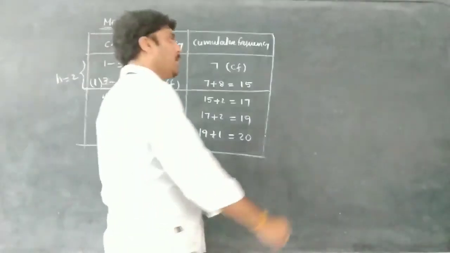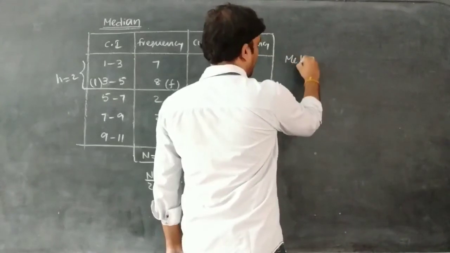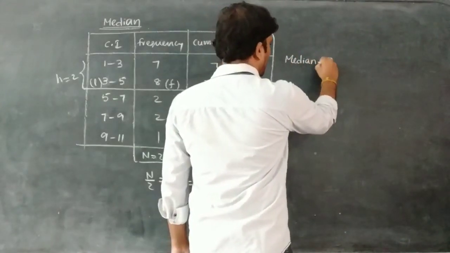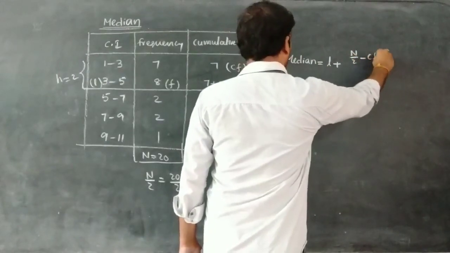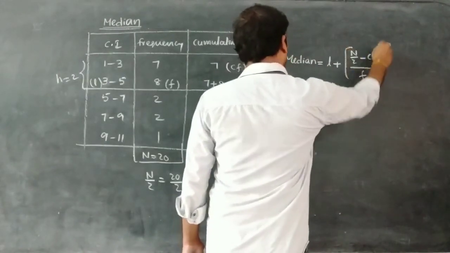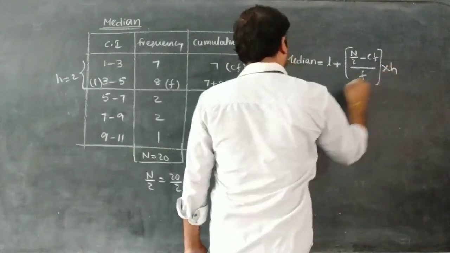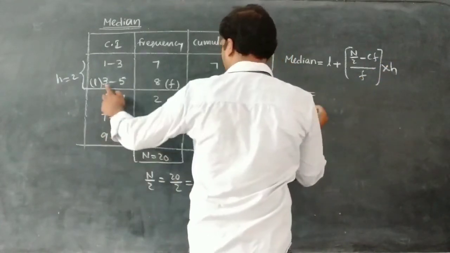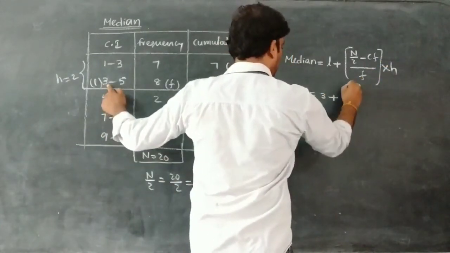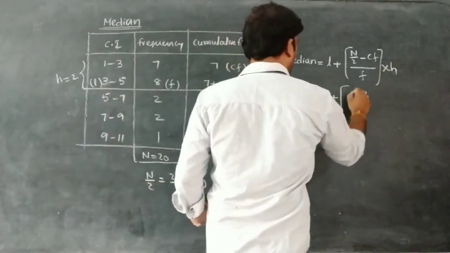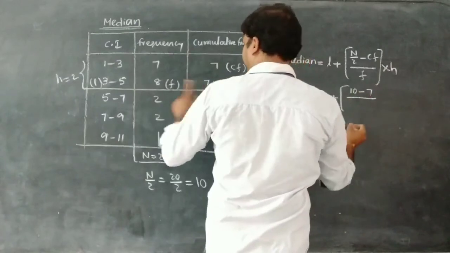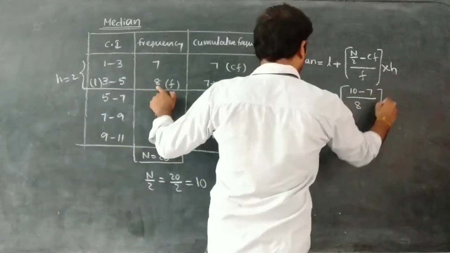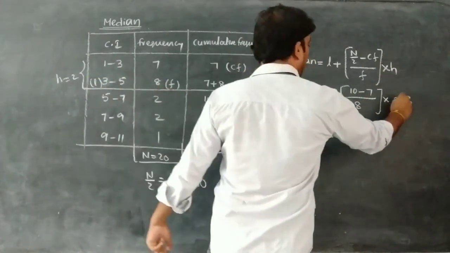Now, median formula. Median is equal to L plus (n by 2 minus CF) by F into H. L is the lower boundary of the median class, 3, plus n by 2. N by 2 value is 10, minus CF is 7, by F is 8, into H is 2.